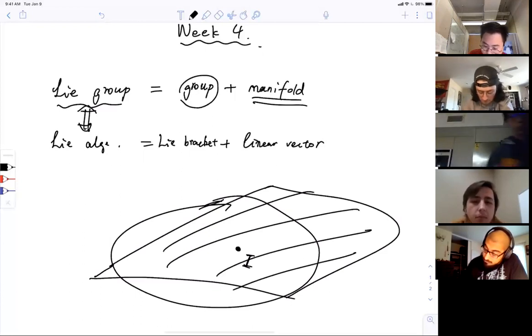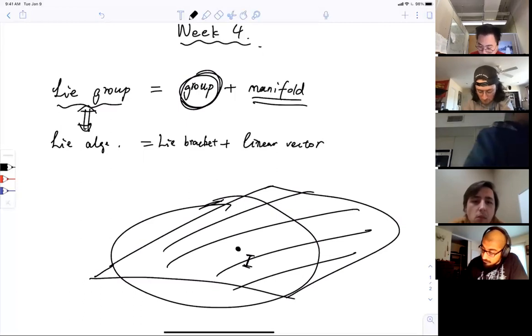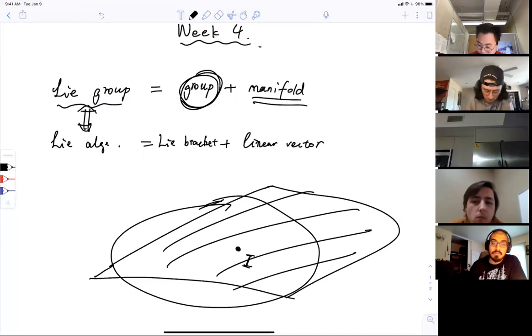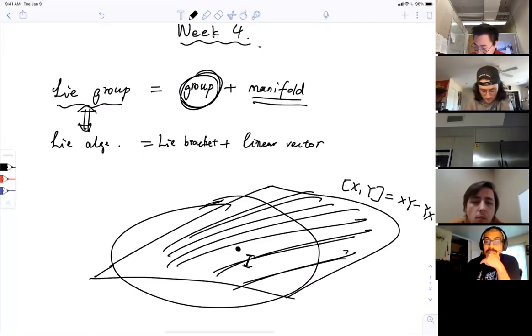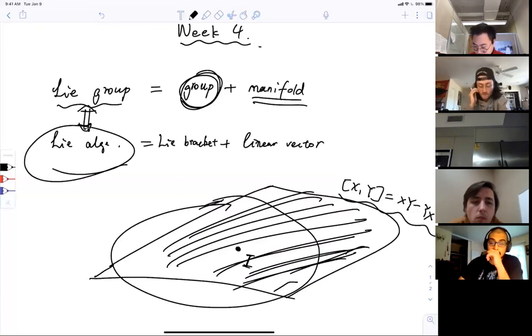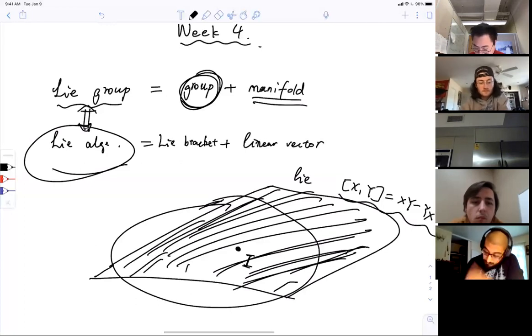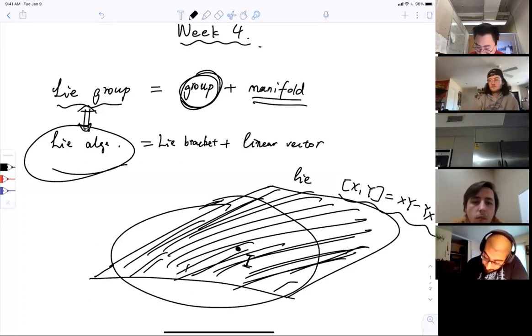At the same time, this manifold is also a group. So there's some group operation which will give us a Lie bracket, which is a commutator. This linear vector space associated with this Lie bracket will give us the Lie algebra. So Lie algebra is nothing but the tangent space of this Lie group at the identity.